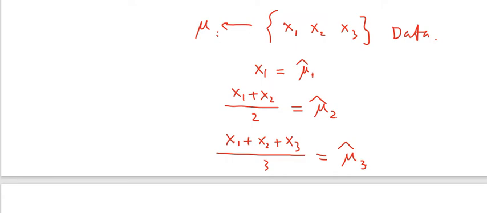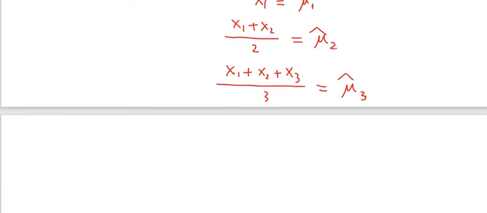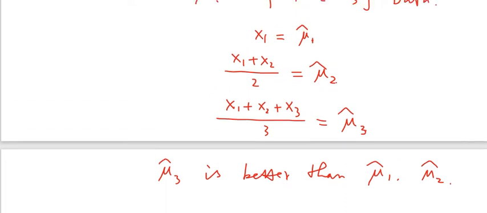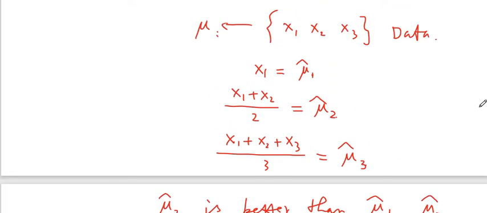We can say roughly mu 3 hat is better than mu 1 hat and mu 2 hat. Why? Because in mu 1 we only use x1. We forget the information from x2, x3, right?